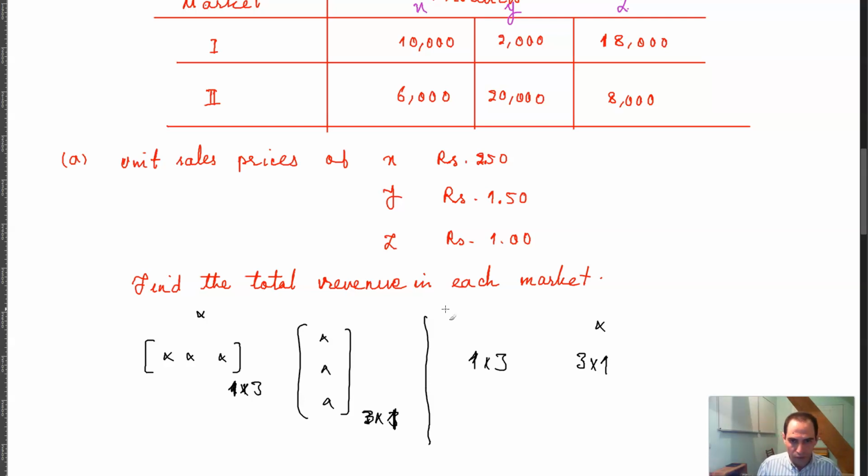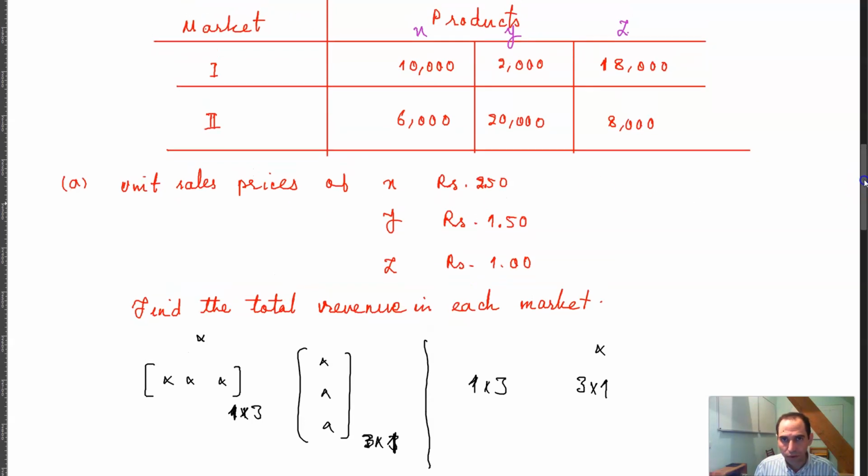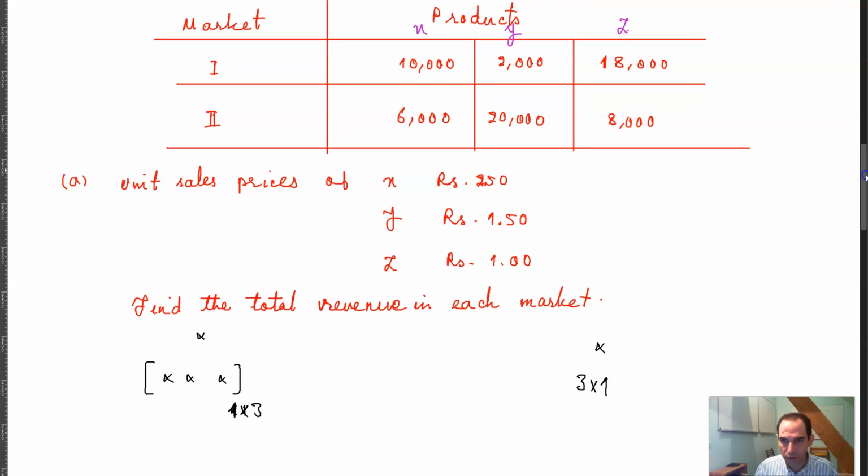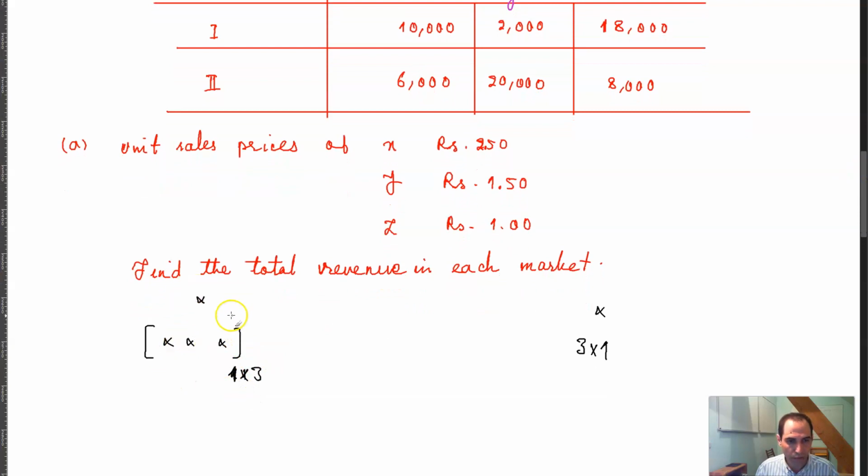So I know that if I had only one market, these two matrices would be the proper structure of matrices for me. So I can erase these two, and now I can add market 2 to the same matrices as well. These are the products X, Y, Z for market 1.